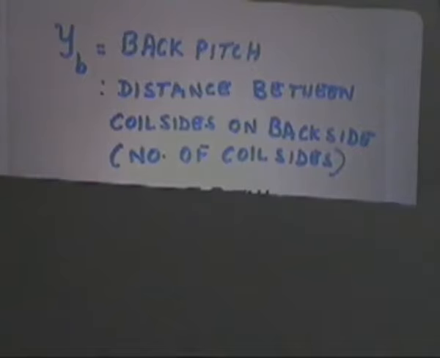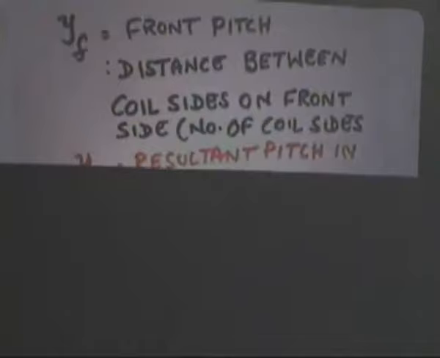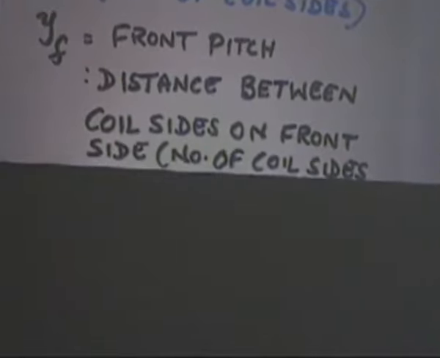We have seen back end connection, that is a distance between the coil sides and back sides, and that is the number of coil sides on the opposite side of the commutator. Similarly, we define a term called front pitch, that is the end of the coil towards the commutator end, what is the distance between the coil sides on the front side, number of coil sides.